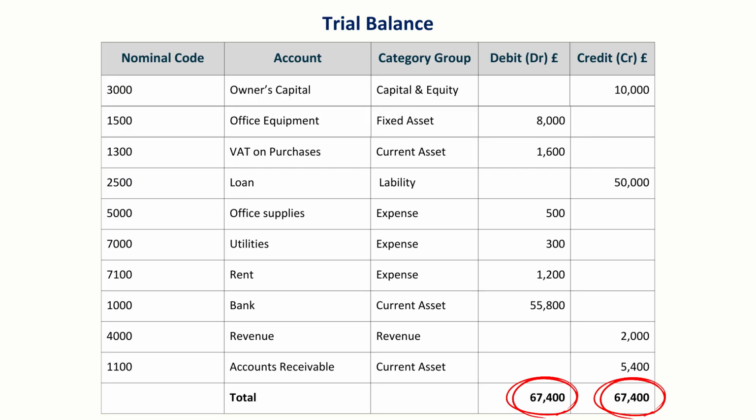If they don't, it means there's likely an error somewhere in the entries or calculations. The trial balance acts as a check for accuracy, making sure that every transaction has been recorded with equal debits and credits. Although it gives a snapshot of the accounts, its main purpose is to confirm that the bookkeeping is mathematically correct before moving on to preparing financial statements.